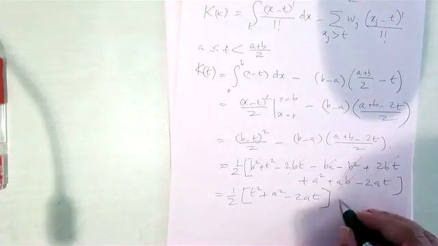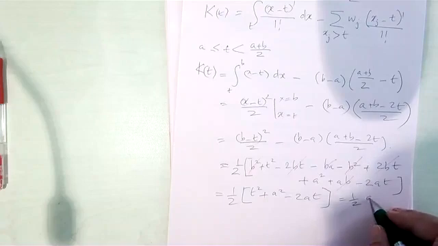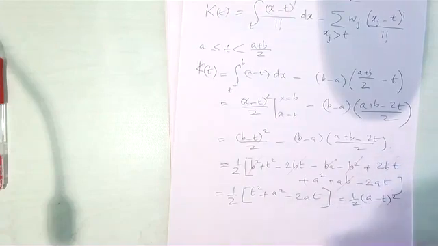And that is 1/2 (A minus T) squared. So just some calculation. That is exactly what I have in the lecture notes. In the lecture notes, I just didn't do the middle step, but I got the same answer: 1/2 (T minus A) squared.